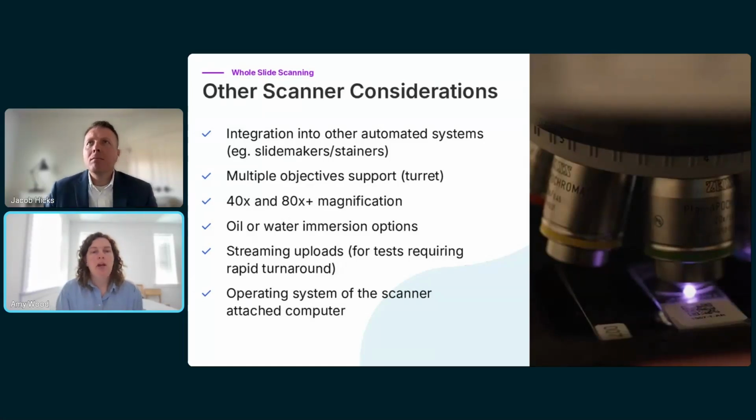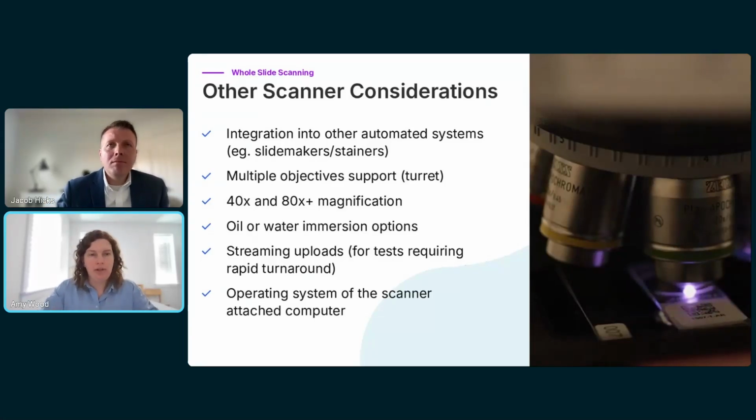Some of our scanners only offer 40X scanning, but some offer both 40X and 100X. So depending on the sample type you're interested in, we may have to have the 100X, and that is a smaller group of scanners where that's available. There's also options for oil and water immersion, which can be useful for certain sample types. Some of the scanners offer streaming uploads, so they'll take one portion of the image and start uploading it as it's acquiring the next portion of the image.